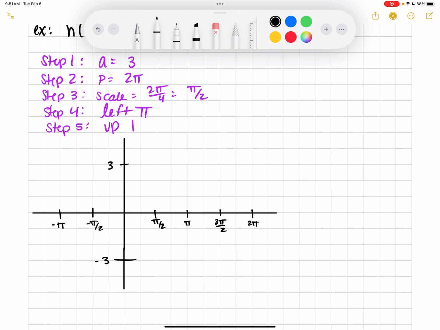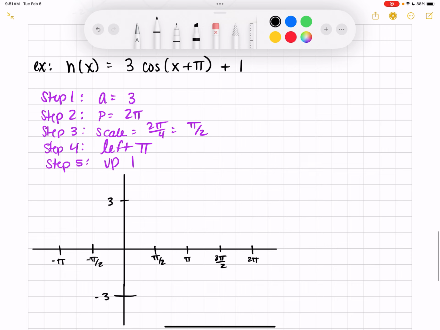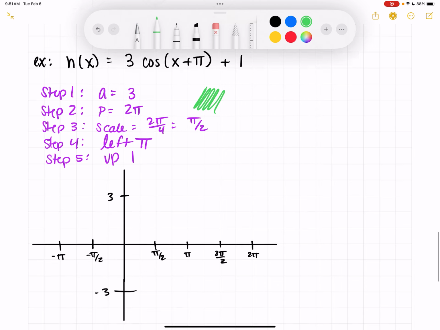So, this was a cosine function, which starts where? 1. So I'm going to do the parent function in green. So I'm going to just squiggle green up here so you know that this is just like the parent function of this particular one.